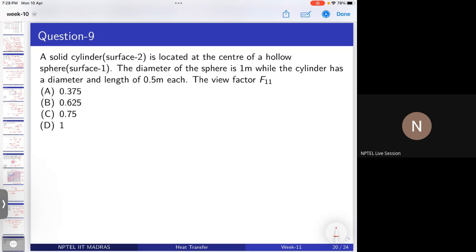Did you get the answer? So we have a solid cylinder which is located at the center of the hollow sphere. We have a hollow sphere which is regarded as surface 1, and we have a cylinder.